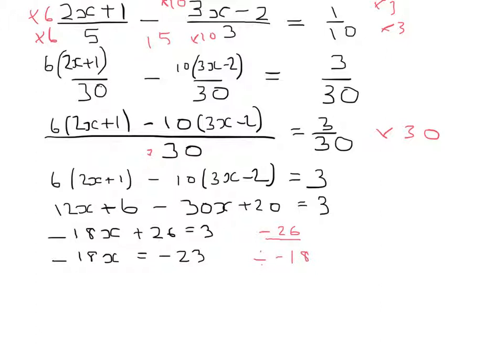So we'll end up with x equals minus 23 divided by minus 18. A negative number divided by a negative number gives us a positive number. So we just have 23 over 18. Now 23 is a prime number, so we can't cancel that fraction down any further. So we'll leave that as our answer, 23/18.